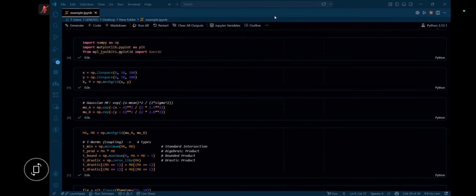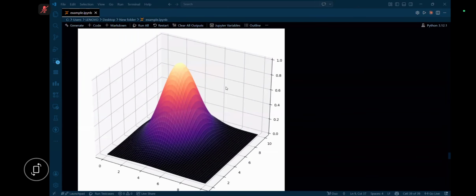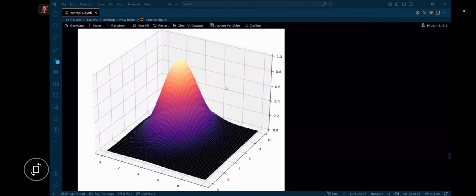Execute the code. So that is not an algebraic product. Okay.